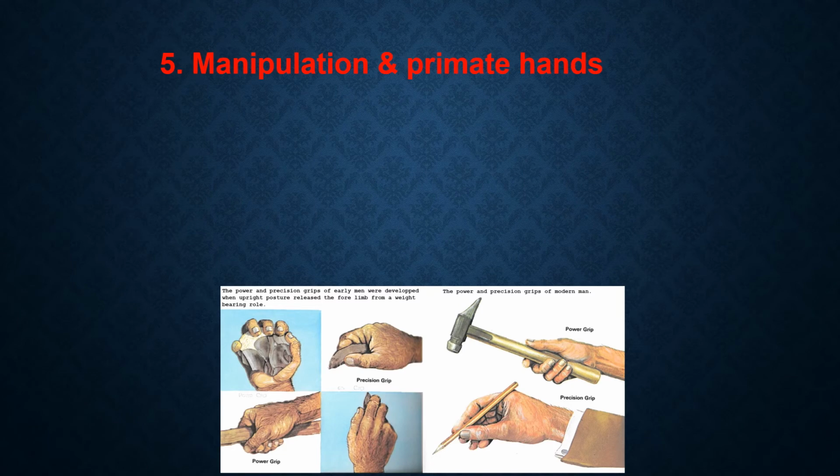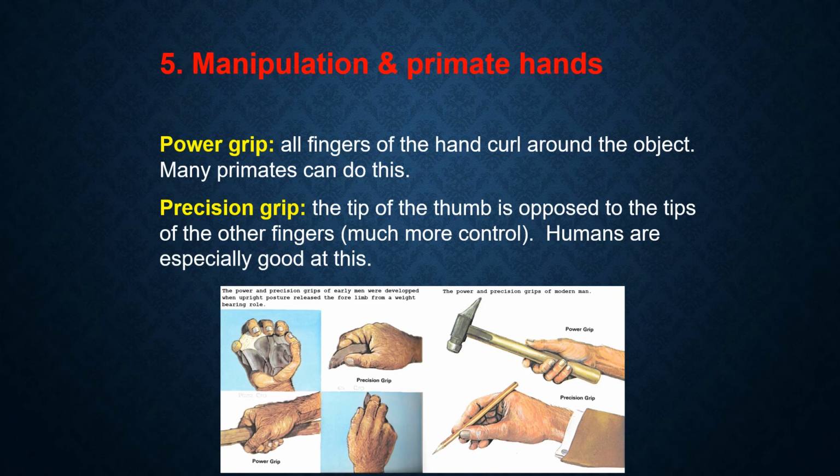If we look at another primate feature, we have manipulation and primate hands. We are capable of two different types of grip, and depending on the species, it really depends on your proficiency with each. Power grip is where all fingers of the hand curl around the object. Many, many primates can do this, and apes are particularly good at it.